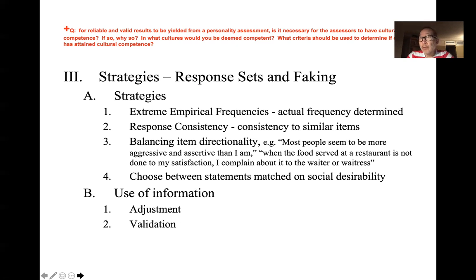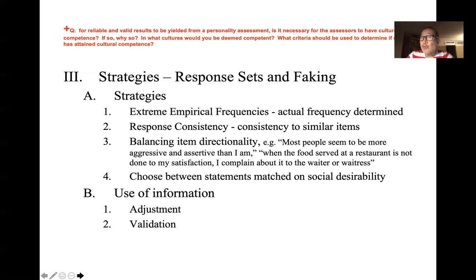Now, what are some of those strategies? Quantitative statistical strategies that objective personality measures use include extreme empirical frequencies. What that refers to is looking at the frequency of responses being endorsed by the examinee. So, for example, in the MMPI, there is a depression factor to measure, obviously, depression.